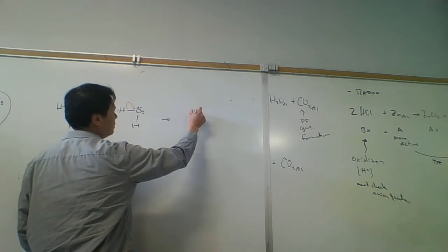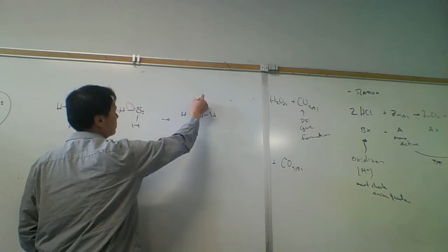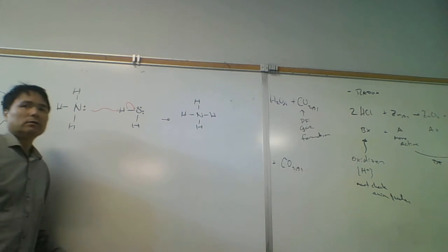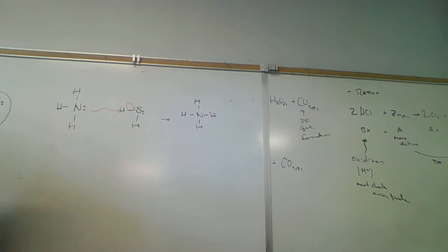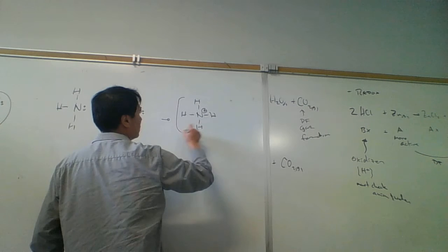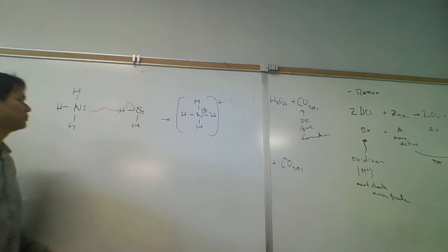So we end up with NH4. The formal charge on nitrogen is positive, and the whole thing carries a plus charge. So it forms ammonium.